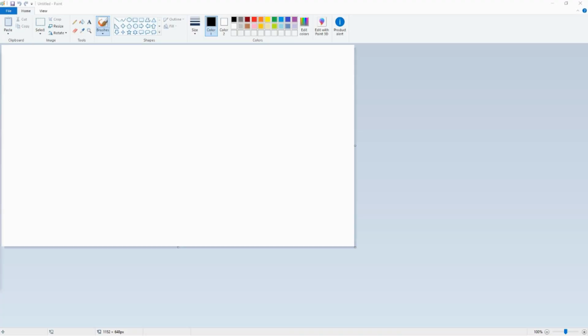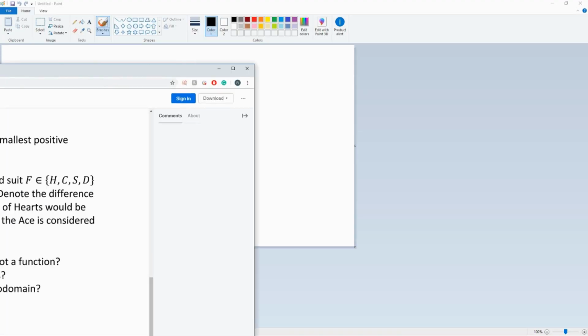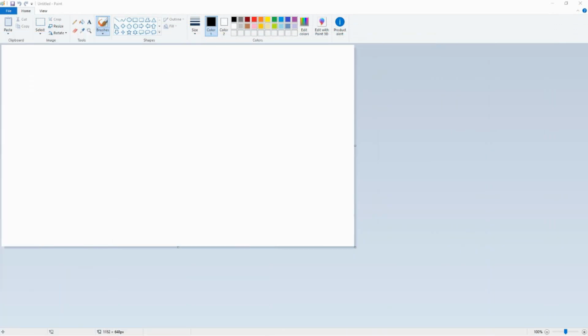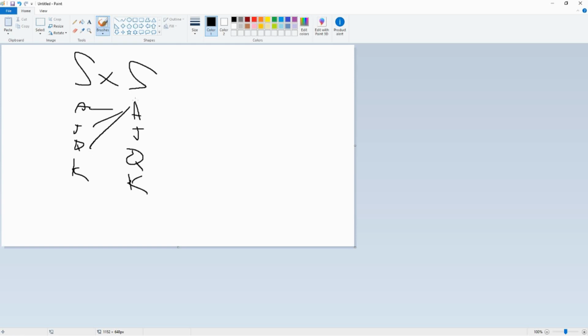Okay, so we're going to be doing 3A, which is how many relations can be defined on S bar. So basically, we're trying to define the total amount of relations on S cross S. If we had ace, jack, queen, and king here, and the same on this side, we're trying to figure out how many relations are possible.